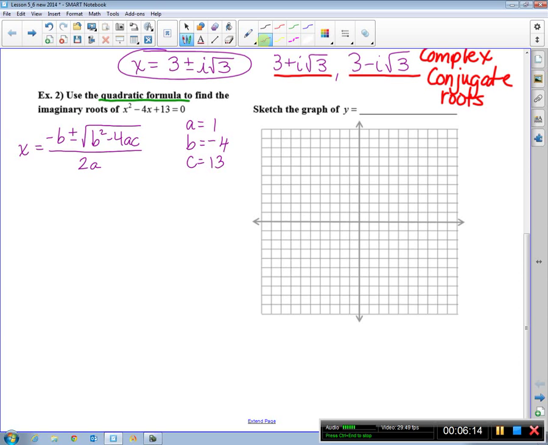Let's substitute that in. Don't forget this: x equals negative of -4, plus and minus the square root of -4 squared, positive 16, minus 4 times 1 times 13, all over 2 times a.